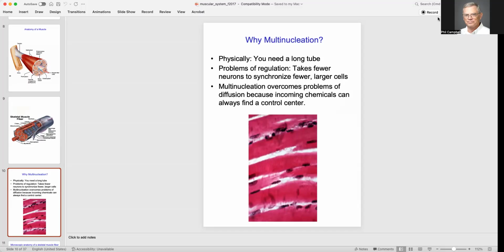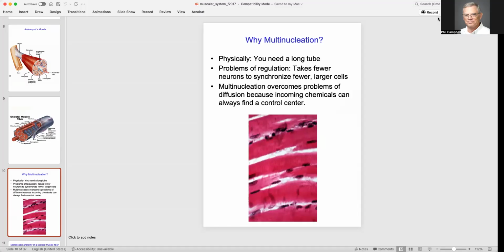Why not just have a whole bunch of little bitty muscle cells? It's all about efficiency of regulation and control. It's much easier to control one big cell than 100 little cells. So basically, it allows for scale.